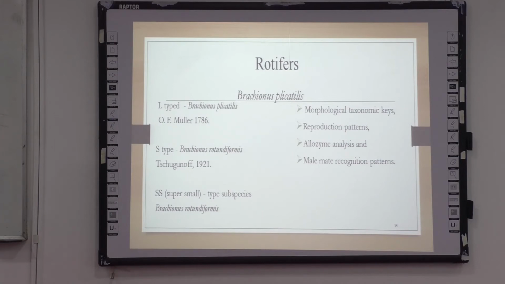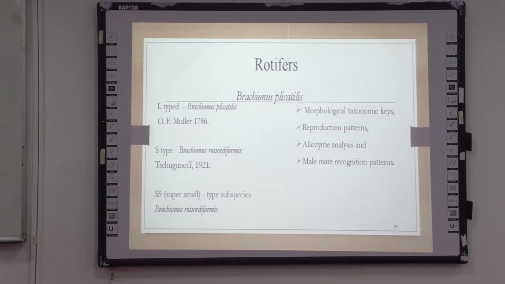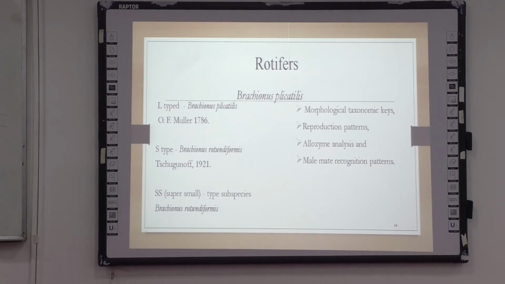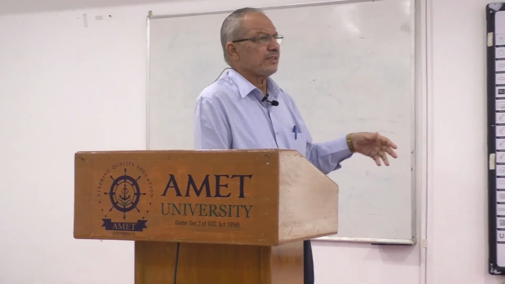These are photographs of Brachionus plicatilis, which, as I said, is a very extensively used live feed in aqua hatcheries. Apart from this single species, there are quite a lot of other species.